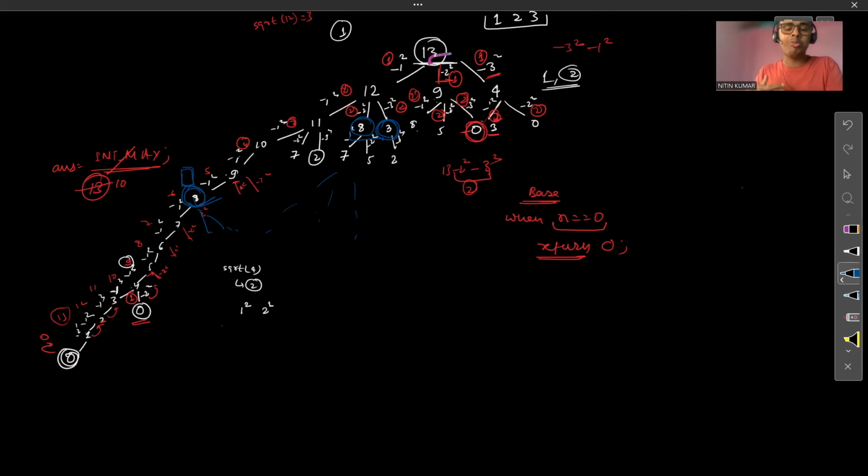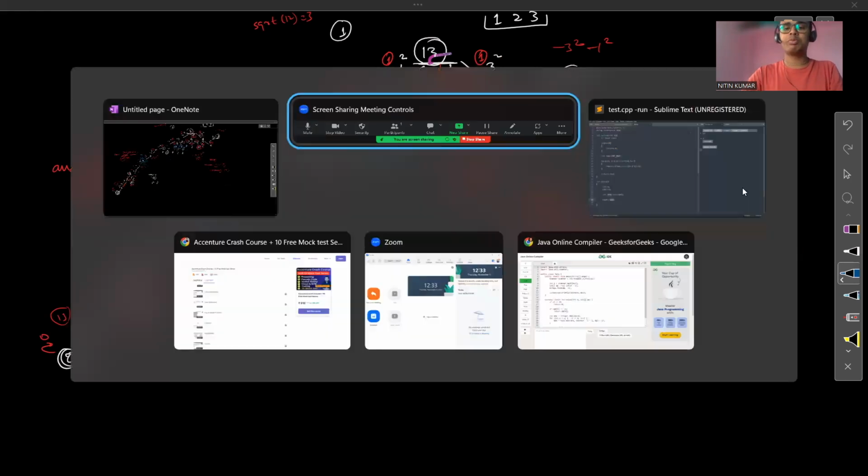But the dynamic programming approach says, whenever you go down any path, and whenever you are returning back, you have to hold the value returned from there. So if you visit the same path again, you don't have to perform the same approach again, because you already performed this and stored it somewhere. So when you perform the same again, you get your answer from there and return that answer. So this is the simple dynamic programming approach.